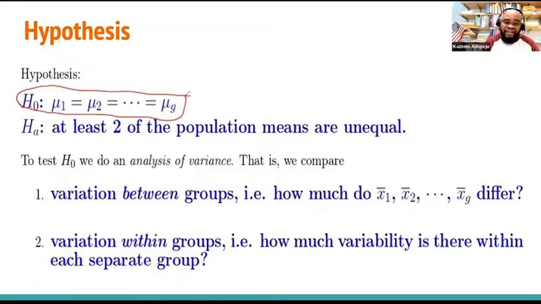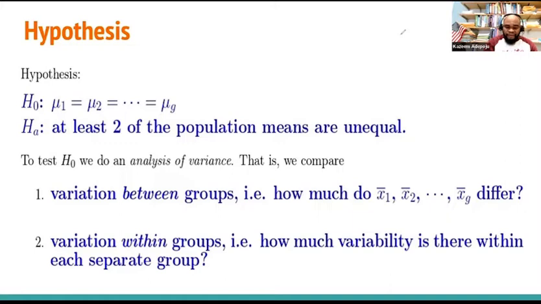Don't forget, variation still exists within the same group of individuals. And the question now is, how much variability is there within each separate group? That is exactly what we mean. So in analysis of variance, we focus on variation between groups and variation within groups. I want you to take note of that.